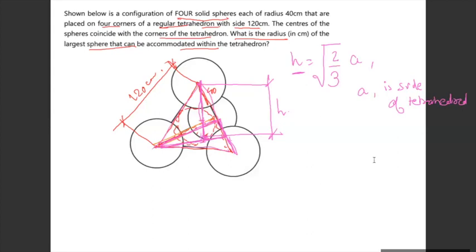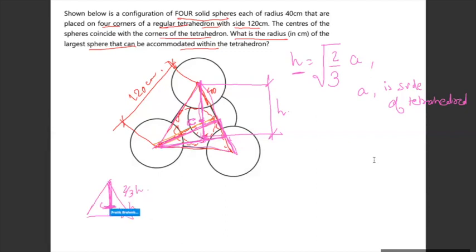This point in the center is the centroid of the tetrahedral. In a triangle, as you know, the centroid always divides the median into 2/3 and 1/3 of the total height.